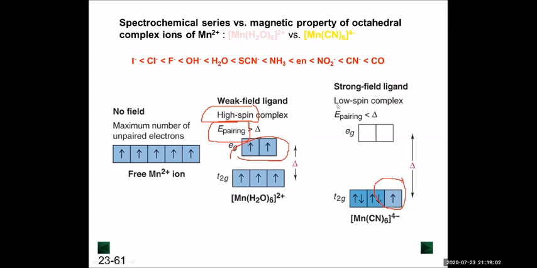That's a low spin, because only 1 unpaired electron is attracted to the magnet fairly poorly. This one has 5 unpaired electrons, and this one has only 1 unpaired.